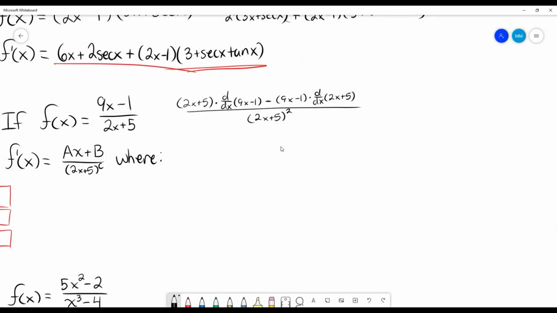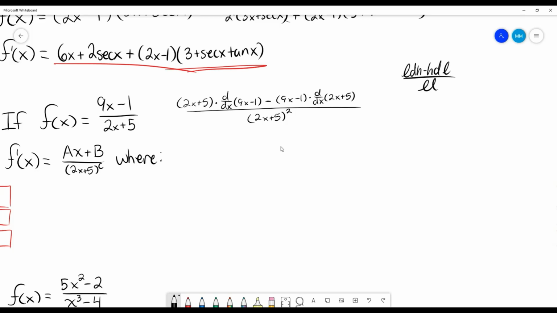And that feels a little bit tricky to remember, I feel like. The way that I learned it, I remember it sort of rhythmically in my head as, and this is going to sound a little bit silly, but I remember it as low d high minus high d low over low low.